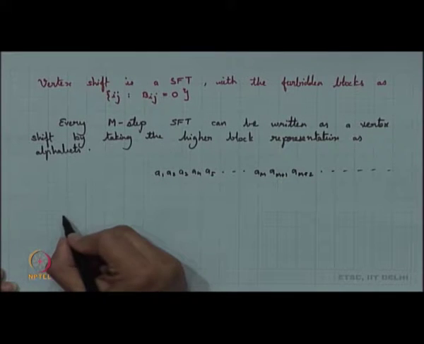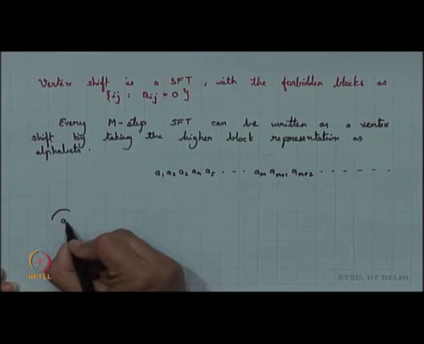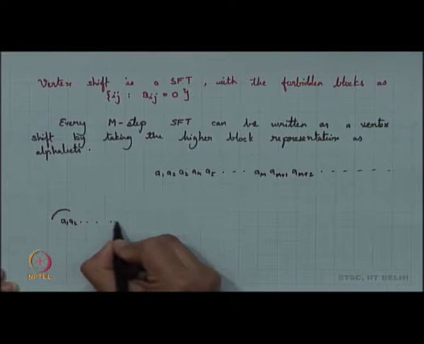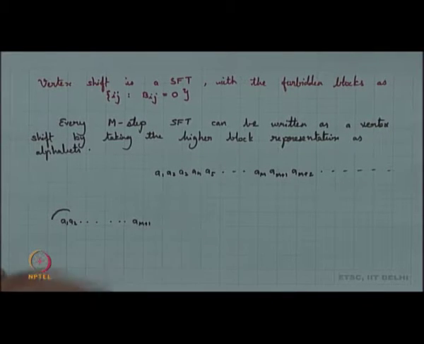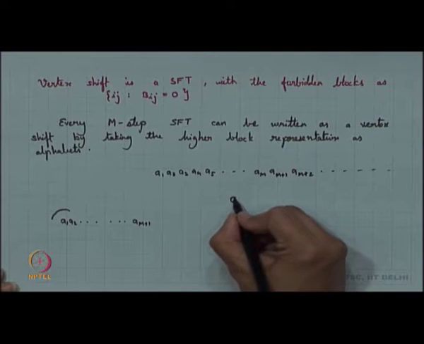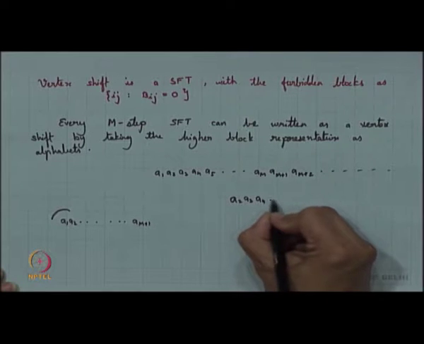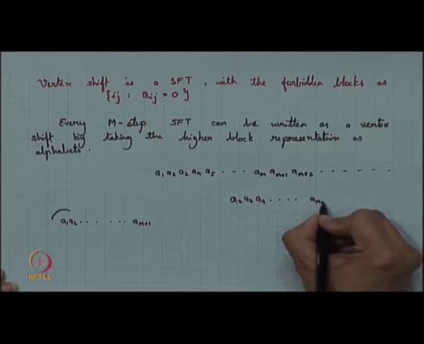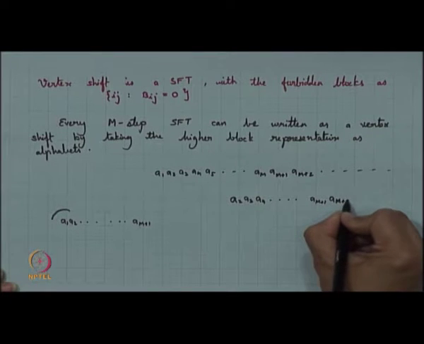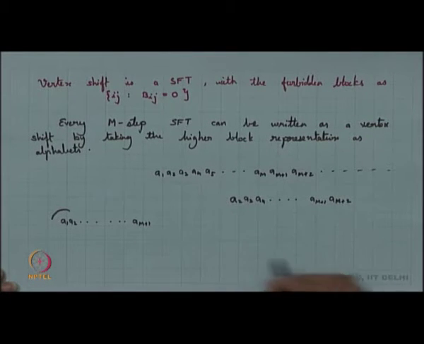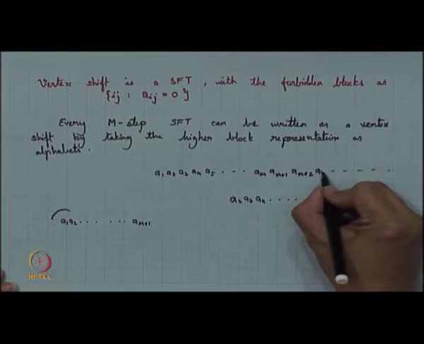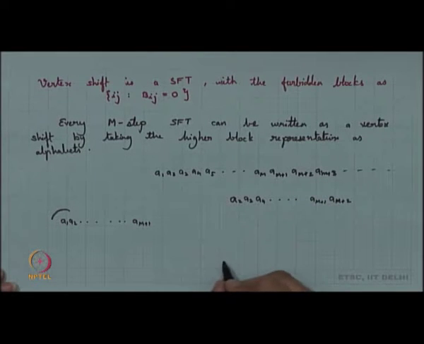So we start with a vertex here, which I call A1, A2 up to A_{m+1}. I take another vertex here, A2, A3 up to A_{m+2}, and then I can take a third vertex here, A3, A4 and so on. So I am looking at all the m plus 1 blocks here.